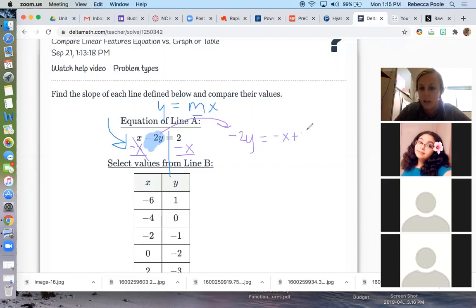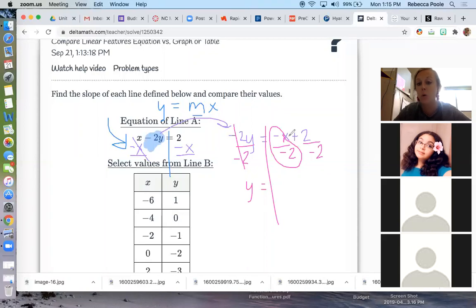Do not put those together. Remember, it's mx and then the b. So negative x and then a positive 2. And then the last thing I got to do is what? How do I get this y by itself? Divide by negative 2. Good. Divide negative 2, divide negative 2, divide negative 2. Everything gets divided, right? All right, so I don't even care about the equation of this one. I want the slope, right?